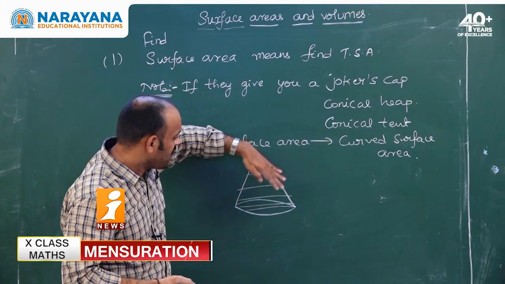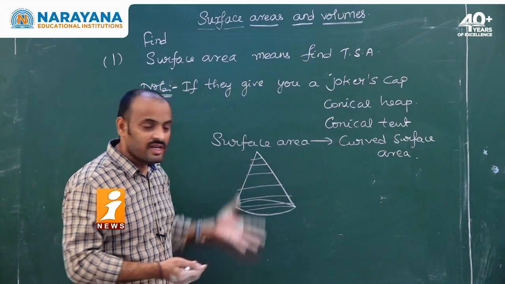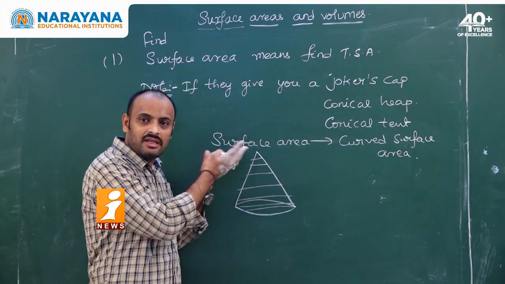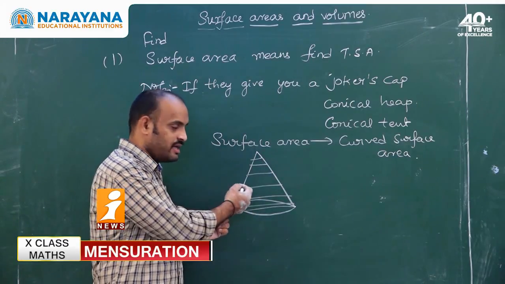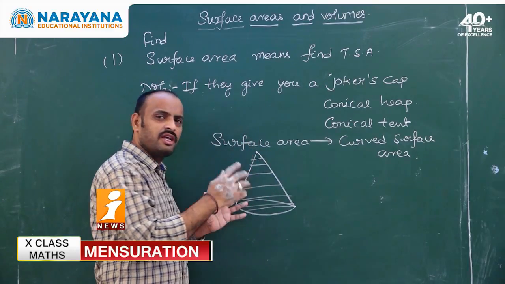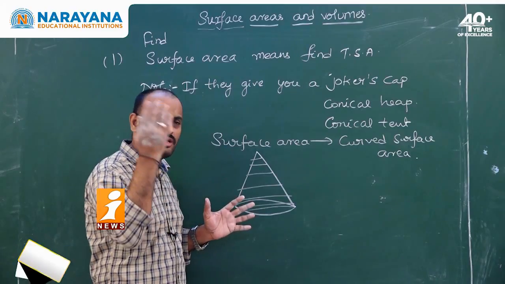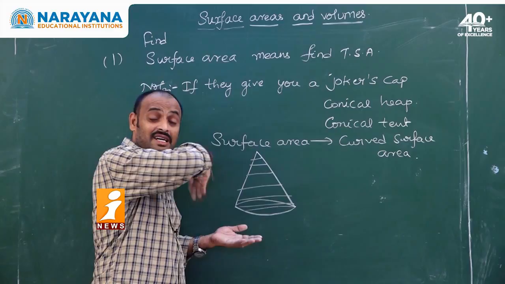I need to cover means I need to cover only curved portion. I cannot cover the entire thing. I cannot cover each and every seed. I can cover only the side portion from any rain or sun rays or something. So I am going to cover only the curved portion.